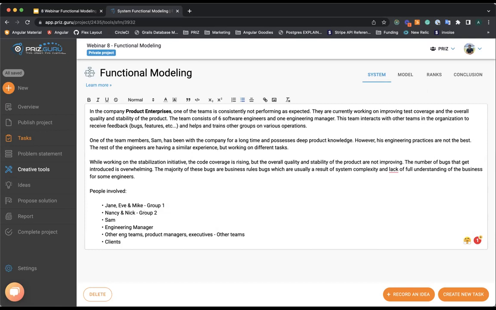Also, there is an engineering manager involved that manages that group. As part of the whole, the rest of the company, there are other engineering teams, product managers, executives, and what we call the other teams, right? They're part of a system, of course, but we just group them as one to simplify this case. And of course, there is a client.